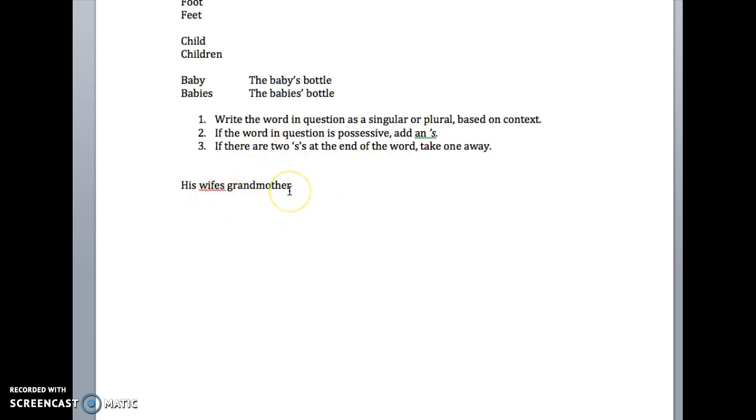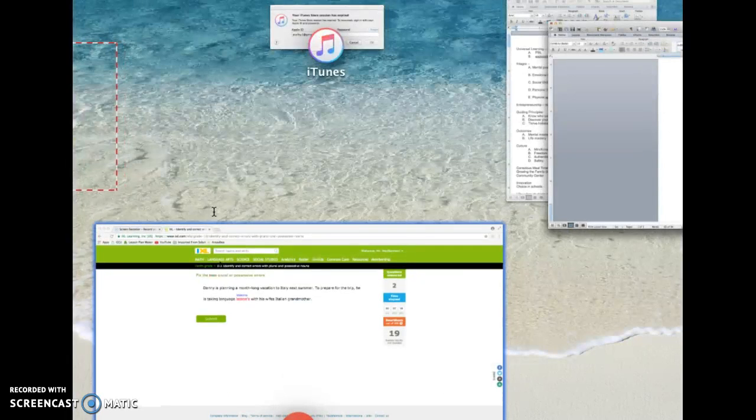Well, it's one wife. So his wife, grandmother. And then the wife owns something, so we're going to do that. Some people might have the tendency to try to do it differently, but wife is how you'd write the singular.